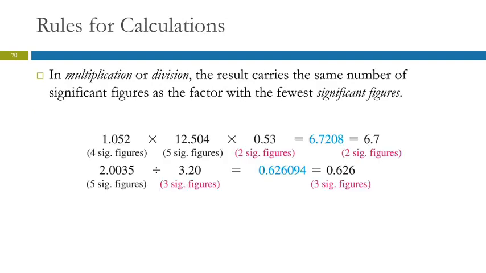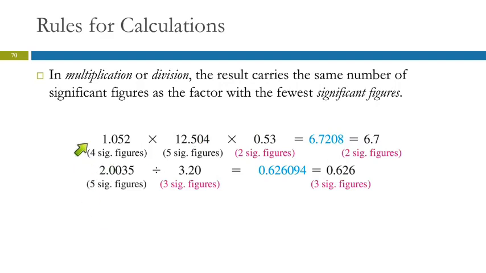So there are two types of operations that we need to do this with. Multiplication and division are similar to each other. In a way, they're opposites, right? And so they have the same rule for sig figs. The result carries the same number of sig figs as the factor with the fewest significant figures.